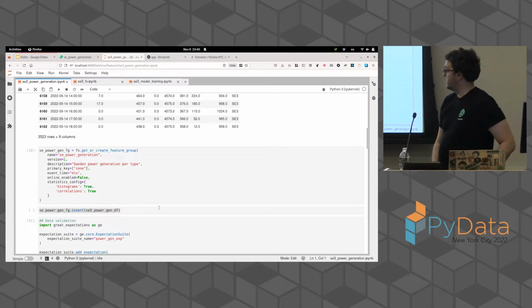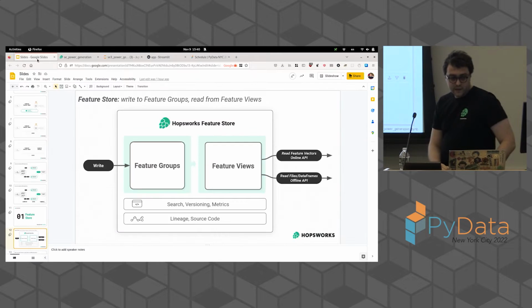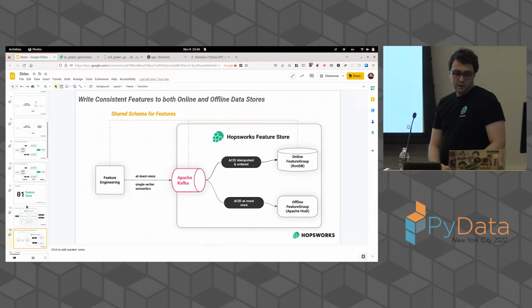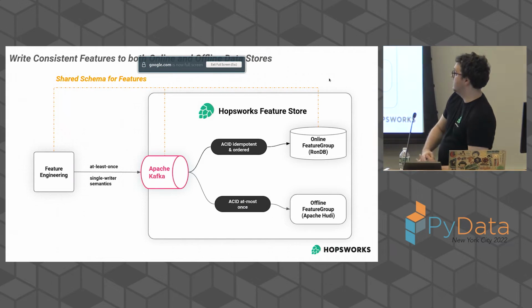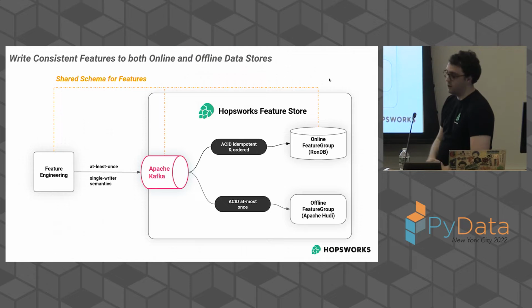And then eventually, you take your data frame and call the insert method to write into the feature store. The way it's going to get written is by using this type of architecture. The data is going to land in a Kafka topic that Hopsworks manages, and then the data gets picked up from there and written both offline and online in case you need it.